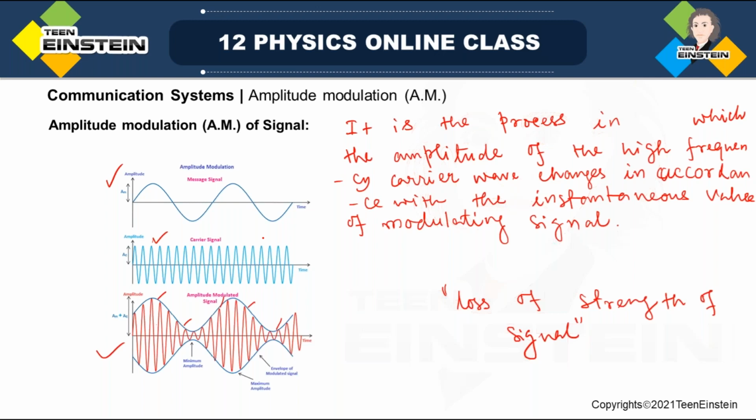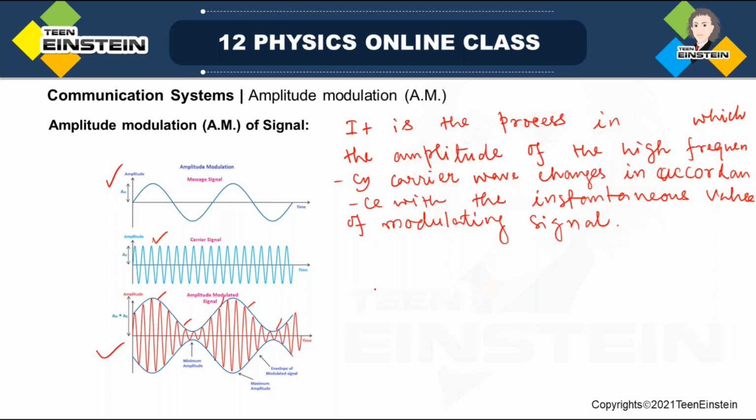Further, what we had learned is that different degrees of modulation can happen. For example, the amplitude can change by 50%, 100%, or more than that. The different degree of modulation is done according to the requirement.